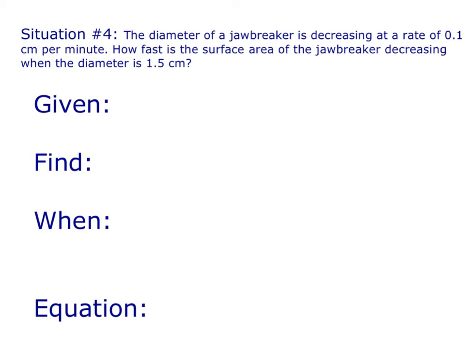All right, so we're thinking about a sphere. That's not a very good sphere, but you can deal with it. The diameter, right, goes straight across. That's the diameter. So the diameter is decreasing, negative 0.1, and a diameter is a length, so centimeters per minute, right?